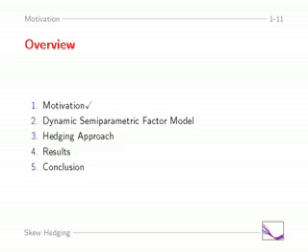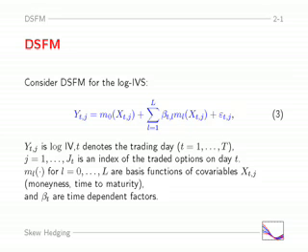So this was the motivation of my talk. Next, I can shortly recall this dynamic semiparametric factor model. I will tell you about hedging, show some results, and maybe some conclusion.